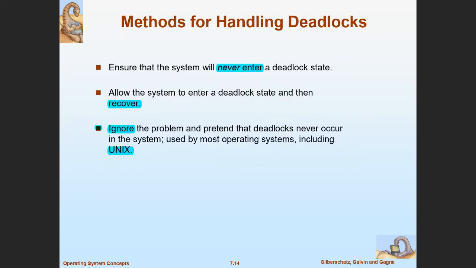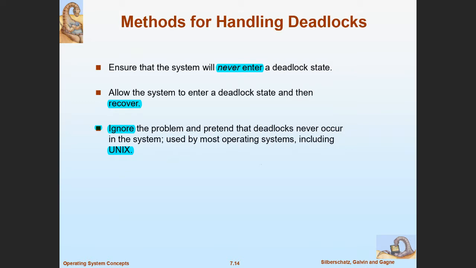How do we handle deadlocks? So we can ensure first that they never enter the deadlock state. So this is a kind of prevention. And then when we have the deadlock, the question is how to recover. Interestingly, we can also ignore the problem of deadlocks.